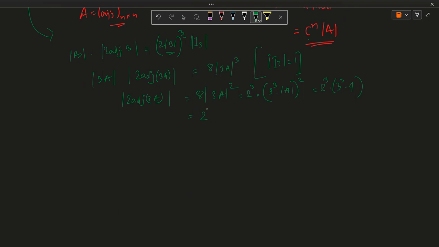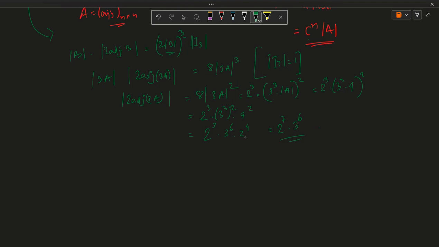So it can be written as 2 cube into, sorry, I missed the square, 3 cube squared into 4 squared. So it can be written as 2 cube times 3 to the 6 times 2 to the 4, or it can be written as 2 to the power 7 into 3 to the power 6.